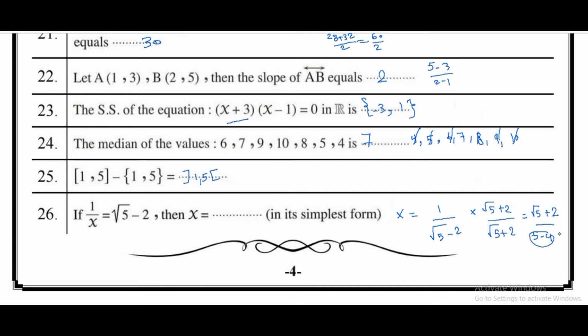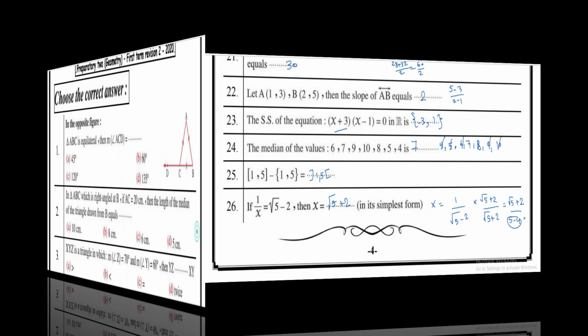So the denominator is 1 and isn't written. x equals root 5 plus 2. Or you can put 1 over root 5 minus 2 on the calculator and get the result right away, because this is complete and we don't need steps.